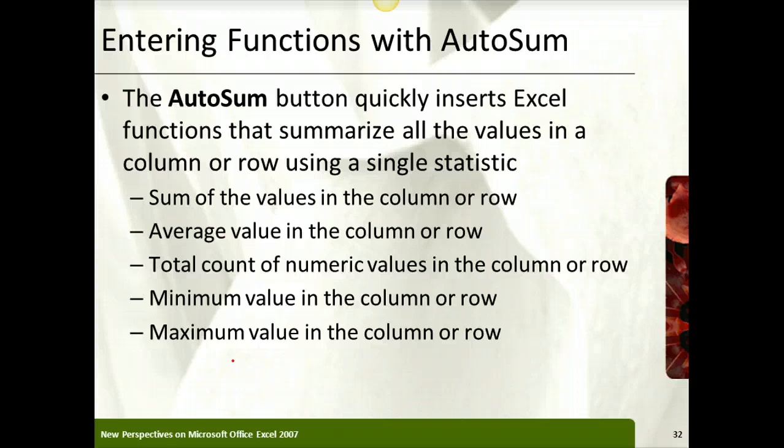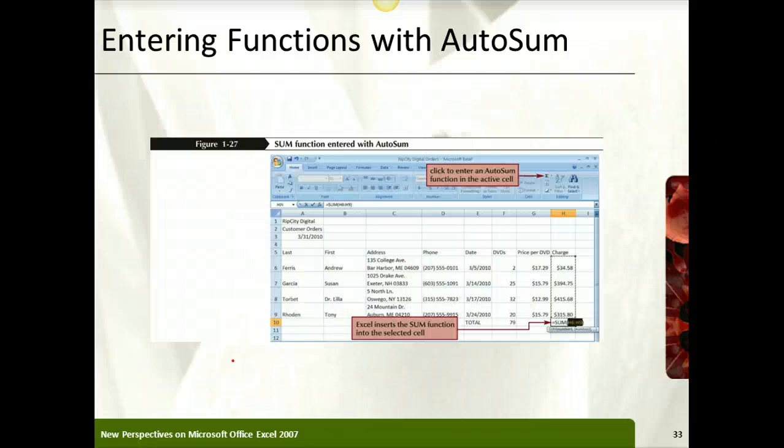It summarizes all the values in that column or row. You can sum the values of a column or row, average a value in a column or row, do a total count of numeric values in a column or row, select what's called the minimum value in a column or row, or the maximum value. So here we have an example of a sum into a cell reference for a column called charge.